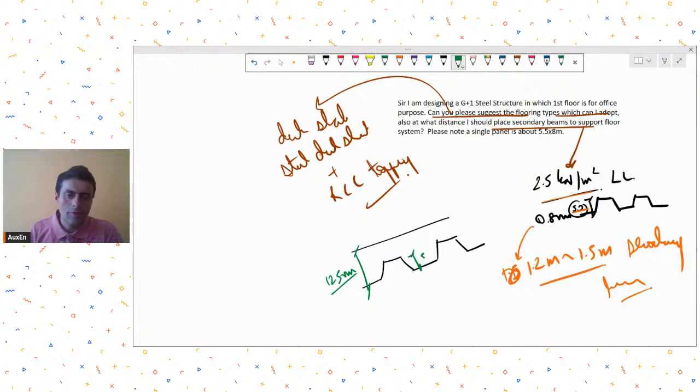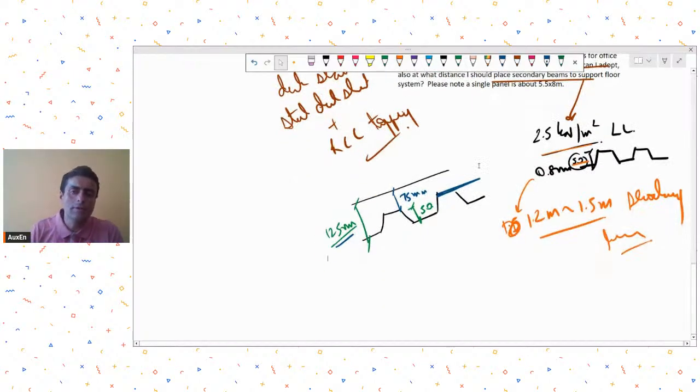Okay, where 50 is the crest height, and it will have a 75 topping over the crest, total 125 RCC topping. So this type of an office floor you can come up with, and this deck sheet has to be essentially one way. These are essentially one way systems.